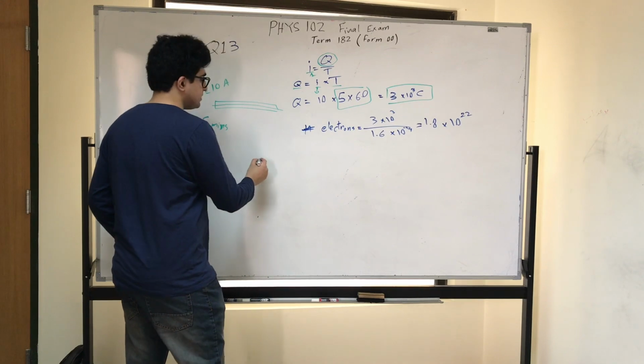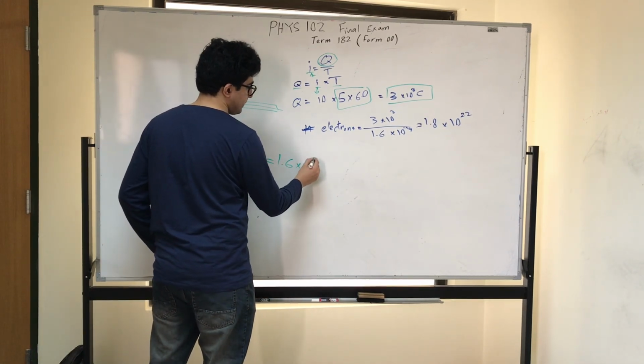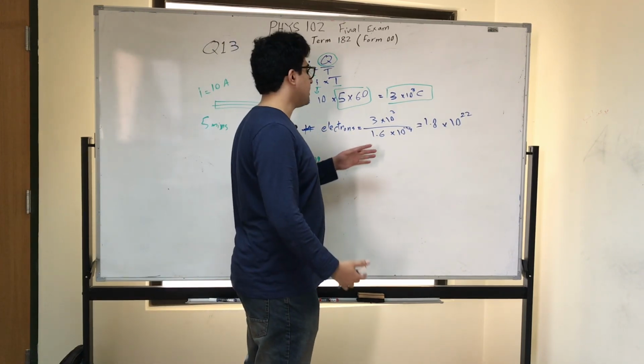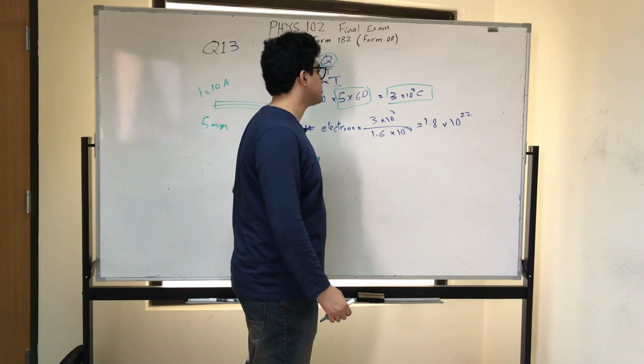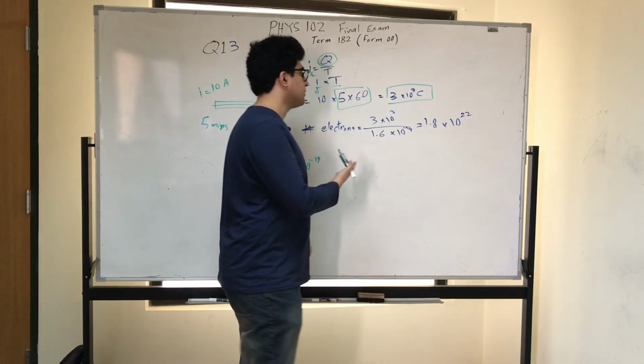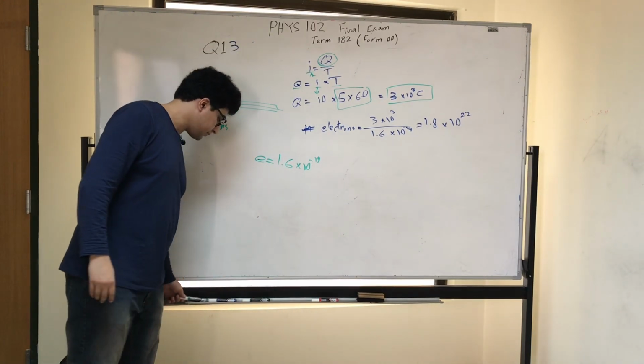The fundamental charge is basically the charge of one electron. So if you divide the whole charge by the charge of a single electron, you'll be getting the number of electrons, which is 1.8 times 10 to the power of 22. And that is your answer.